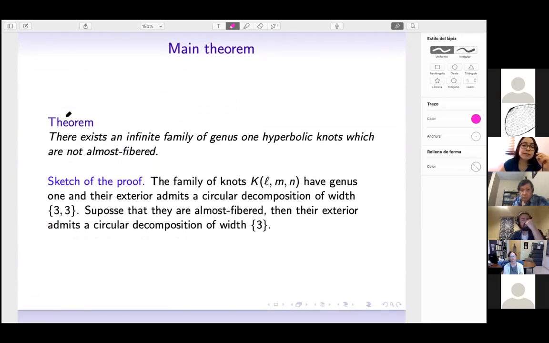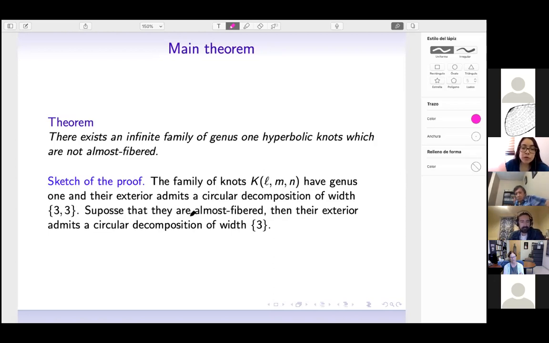Our main theorem says that there exists an infinite family of genus 1 hyperbolic knots which are not almost fibered. And the sketch of the proof is that we have constructed a family of knots, K, L, M, N, which have genus 1, and the exterior admits circular decomposition of width 3, 3.